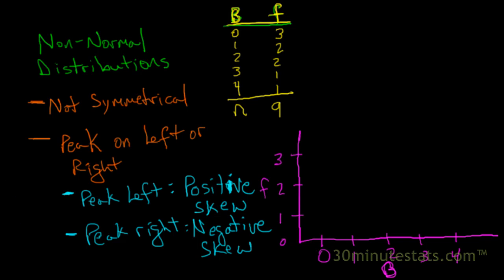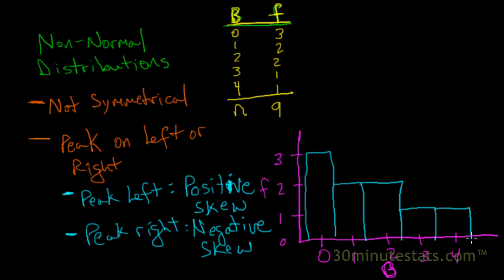And we can fill in our bars to look something like this. We've got 3 observations with a value of 0, 2 observations with a value of 1, 2 more observations with a value of 2, 1 observation with a value of 3, and 1 observation with a value of 4.